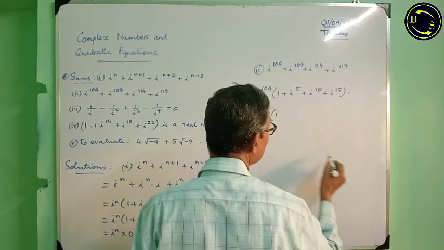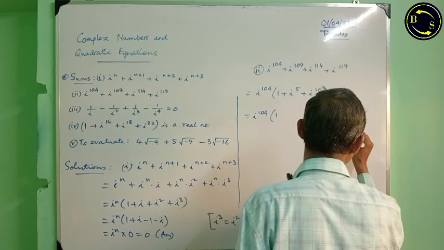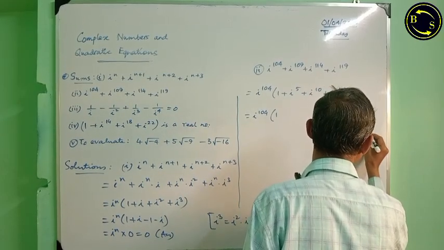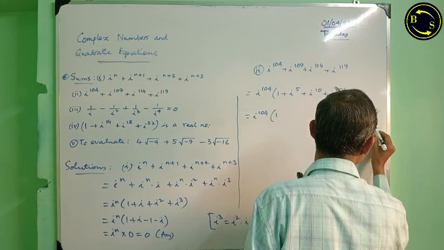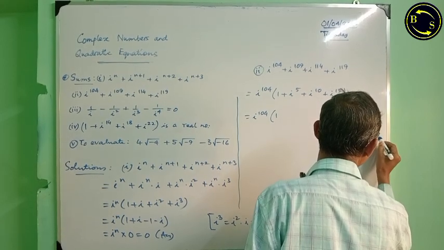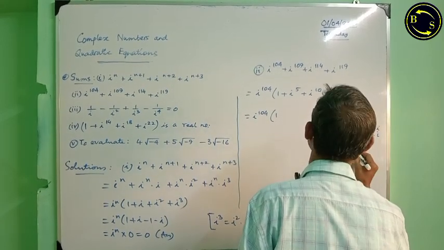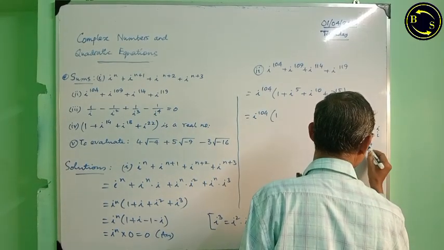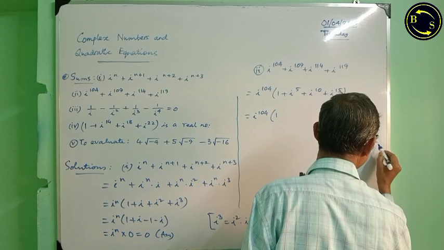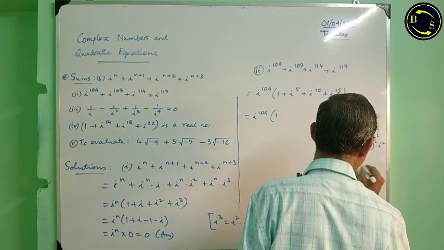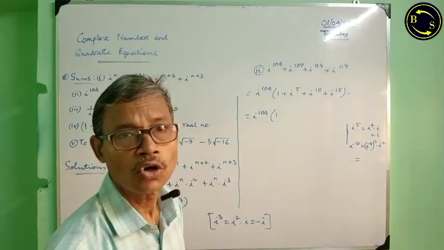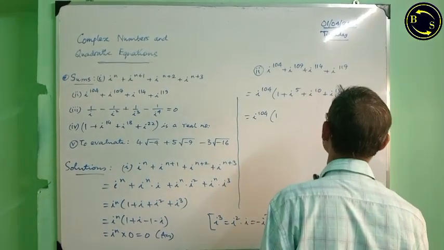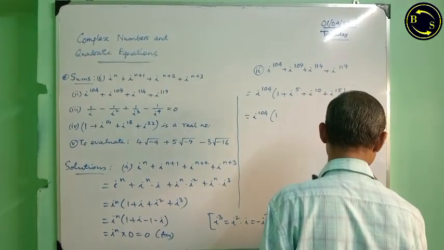Let us first calculate on the rough space. i to the power 4, we have already got the value 1, therefore this will be minus 1.